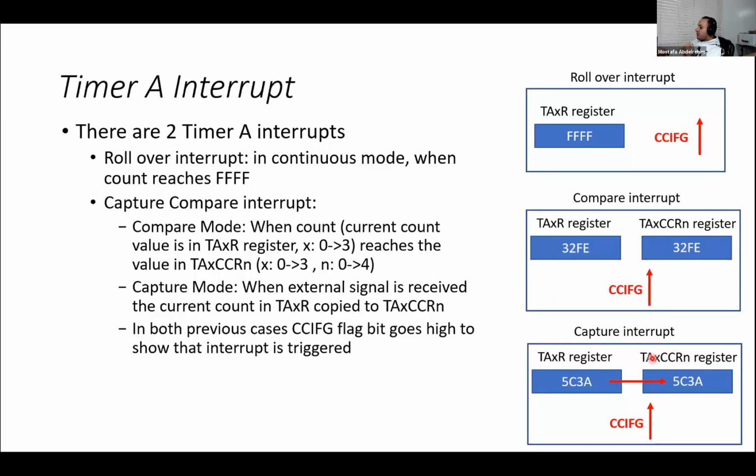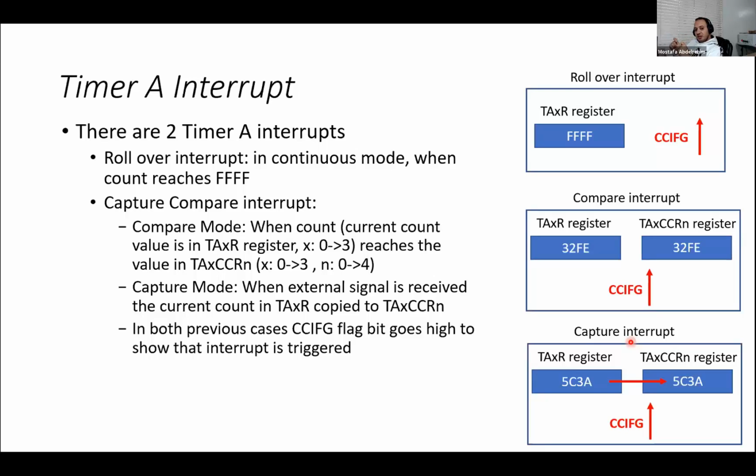The second type of interrupt is called the capture interrupt, in which you are waiting for a signal. The timer is counting or timing, and you set up some input, for example, a GPIO input, to receive some signal. Whenever this signal changes from 0 to 1 or 1 to 0, it triggers.